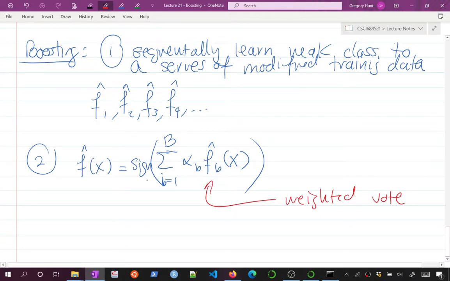If I have more ones, that means I have a positive sign, so I predict class 1. That would be basically the majority of things voting class 1. Or if I have more negative ones, then I'm going to get a negative number, my sign will be negative, and I'll predict -1. That's the same as saying I take a weighted vote of each of the classifiers. And my weights here are these alpha.